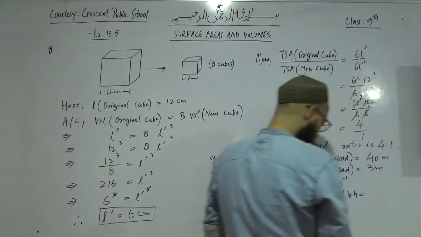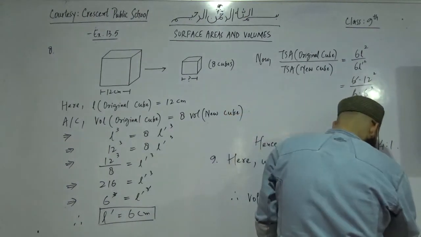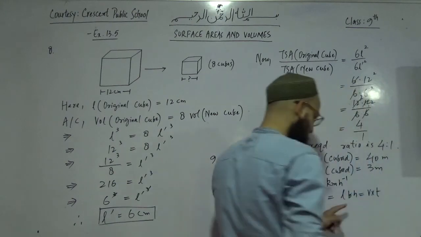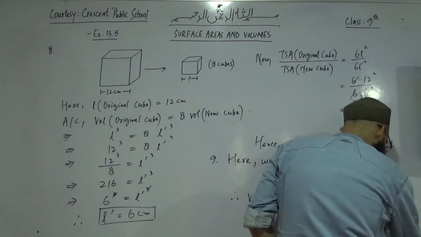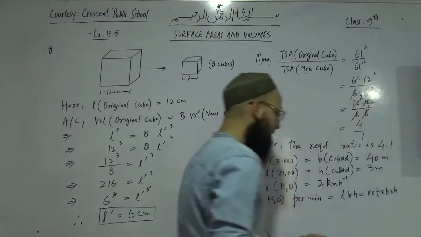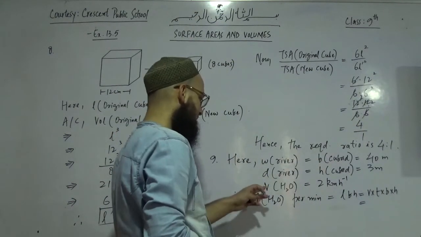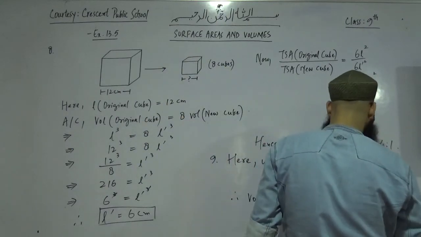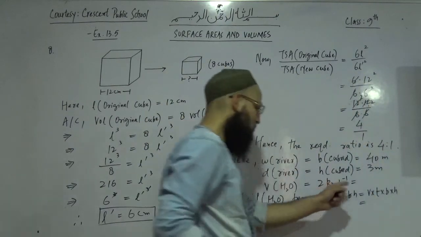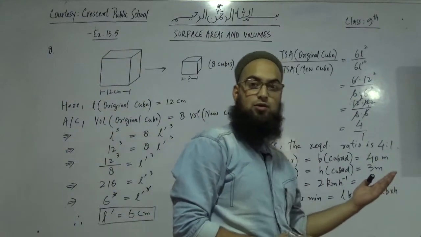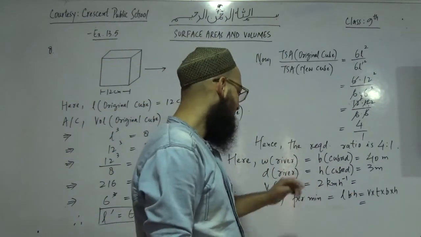So instead of L, I can write speed times time, then times breadth times height. Keep it as such. Now what is the speed? Speed is 2 km per hour. Let us convert 2 km per hour into meter per minute, because we are required to deal in minutes at the end of the day.